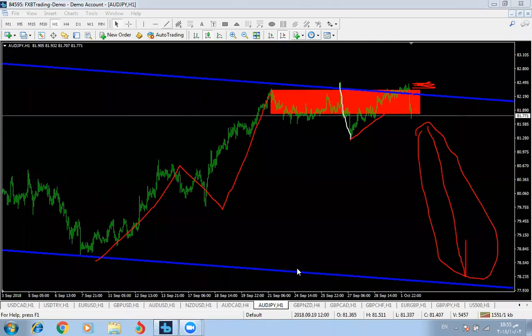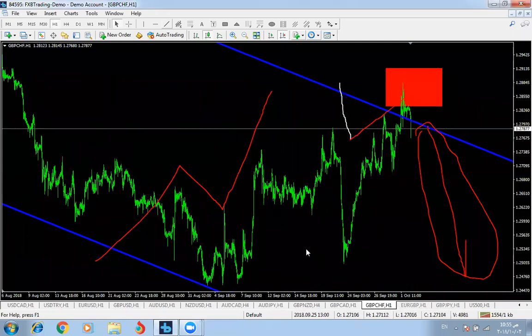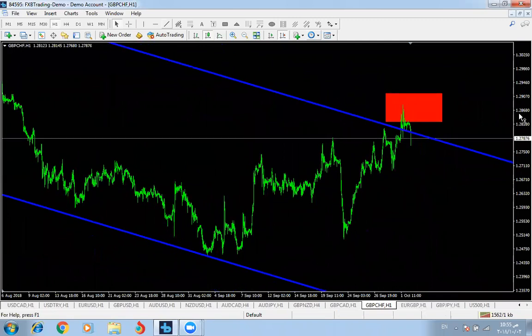I will show you another example from my watch list. Okay, this is the pound chief. The pound chief has made two legs to the upside, as you see from the chart.